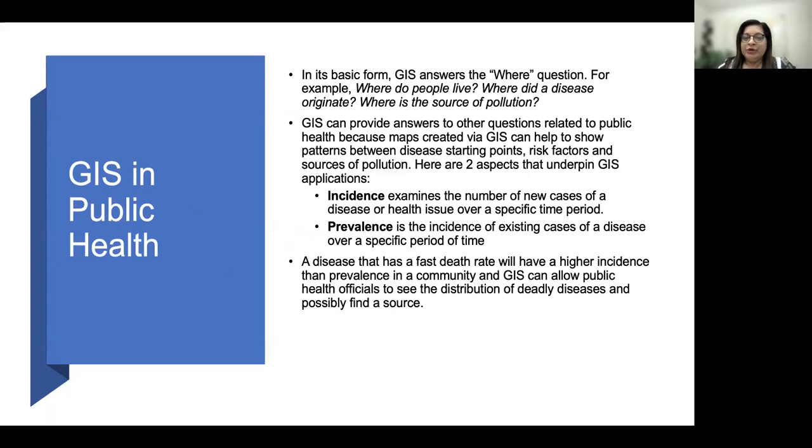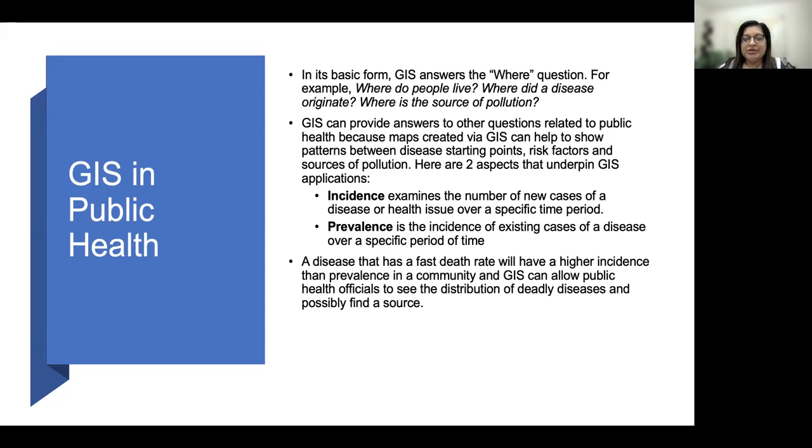So where do people live? Where do diseases originate? Where is the source of pollution? And so on. GIS can provide answers to other questions related to public health because the same maps that are created via GIS can help to show patterns between disease starting points, risk factors, and sources of pollution.